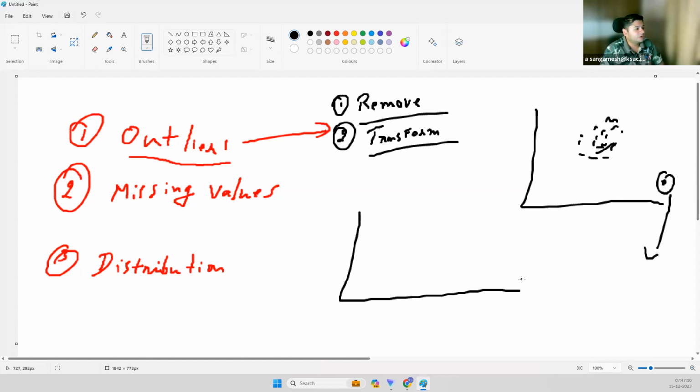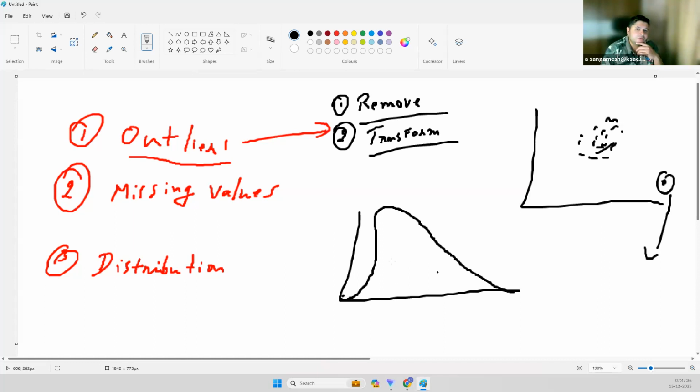is basically transform. We only do the transformation when we have outliers in a very small number, a very minute number. For example, I have an outlier due to which my data is a little bit skewed. Let's assume my whole concentration is a little bit towards my positive side.